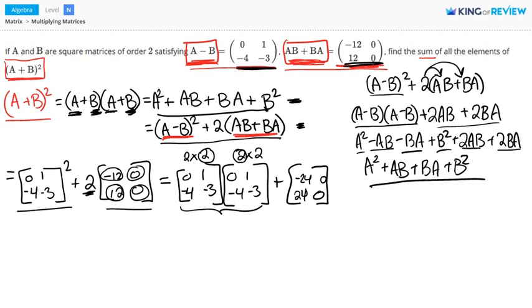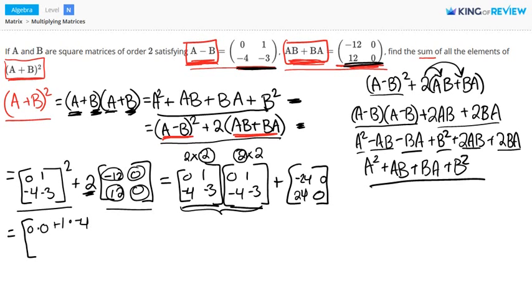Now when we multiply two matrices together, we're going to multiply corresponding entries in the first row of the first matrix times the entries in the first column of the second matrix, and then add those products together. So let's set up the math for the product matrix. For the first entry, 0 times 0 plus 1 times negative 4.